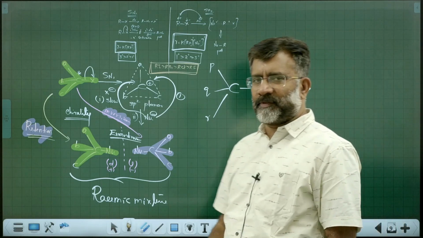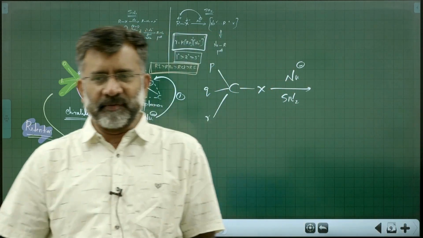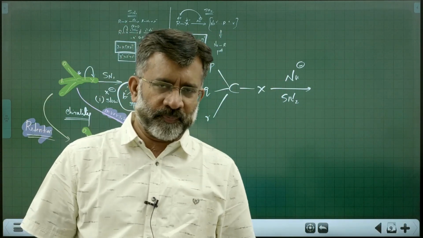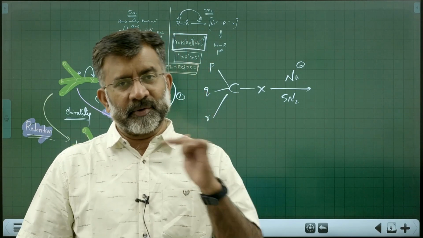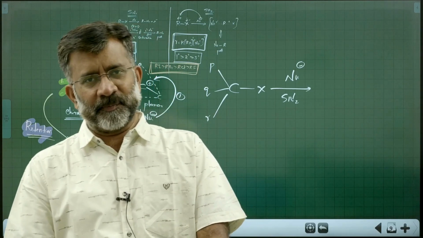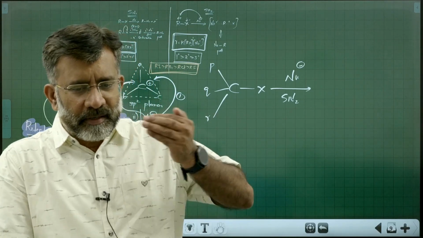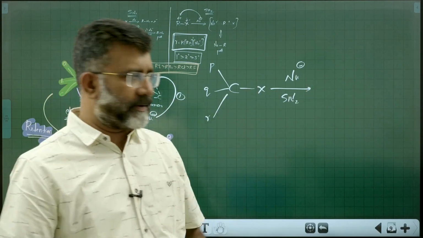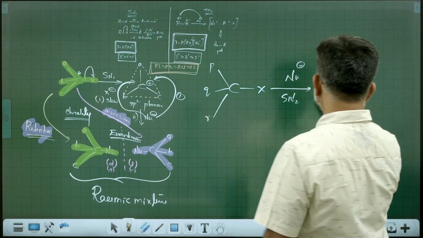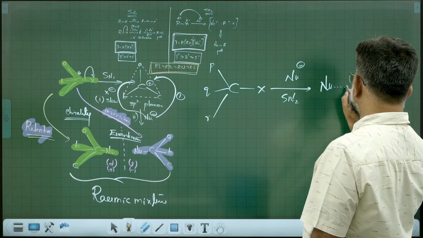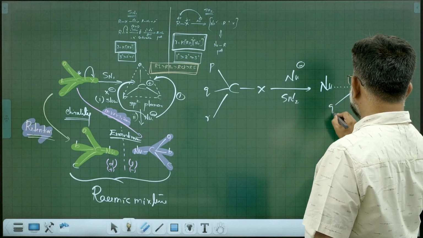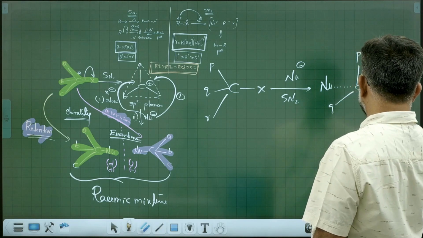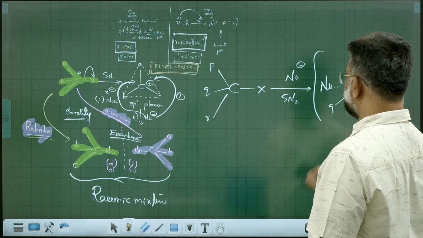What is the SN1, SN2 difference? In SN1, the halogen goes, you get a carbocation, and then the nucleophile attacks. In SN2, the nucleophile attacks before the halogen leaves. So you get Nu-C-PQRX like this.